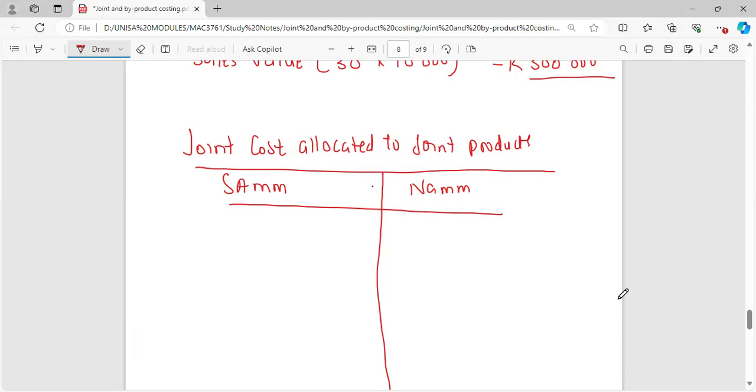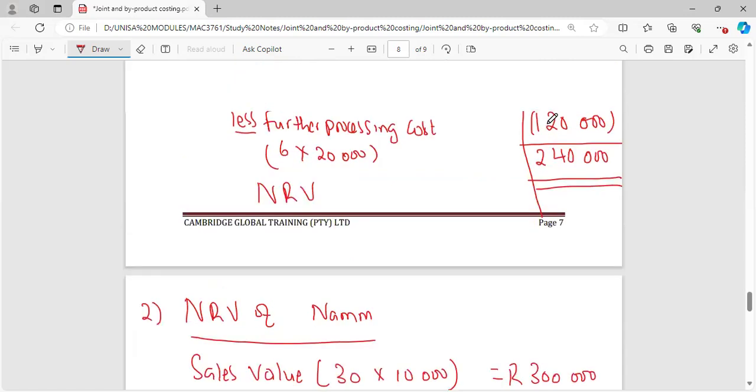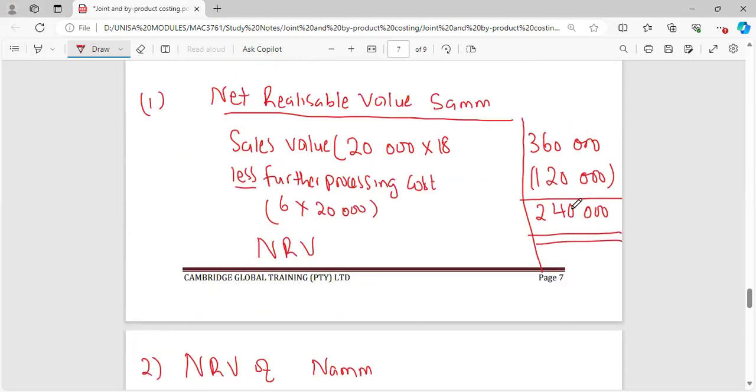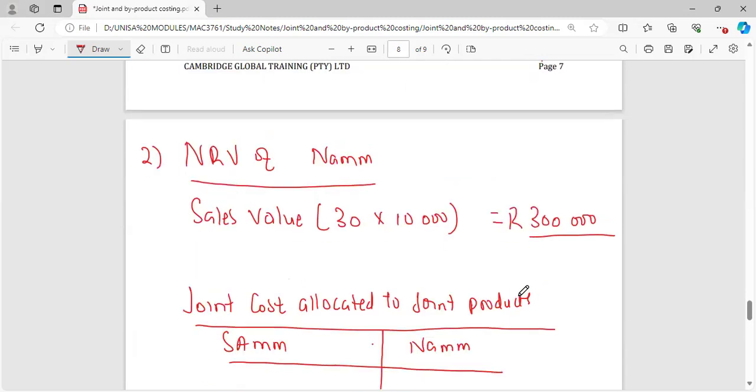Now you use the given method of allocating the joint cost to the product. So which means in our case here, we are using the net realizable value. We now have our net realizable values. We are going to add them. They give us 540, which means for SUM it's going to be 240 over 540. Then for here is 300 over 540.